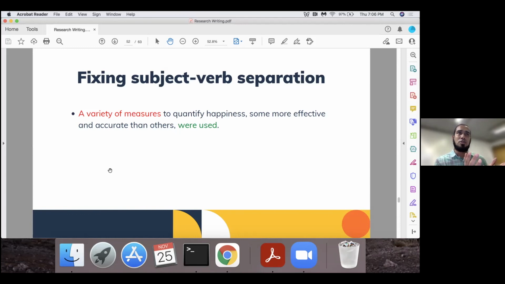But I want you to think not in terms of black and white, whether there is subject-verb separation or no separation. Scientific writing is complex, so don't use rules to dumb it down. It's very complex, and sometimes you have to create exceptions, and that's fine. But overall, it should serve the main purpose, which is that your readers should be able to understand.